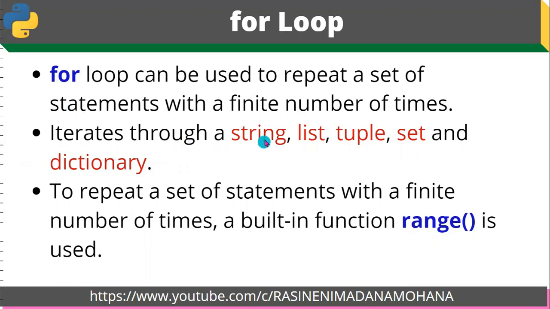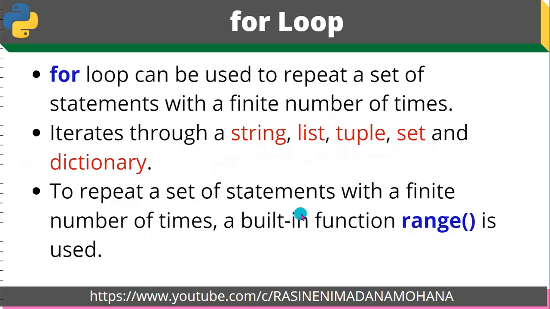So in a for loop, by reading a string, or elements from the list, the tuple, the set, and the dictionary, we can use the for loop with all these collections. Then those can be displayed.